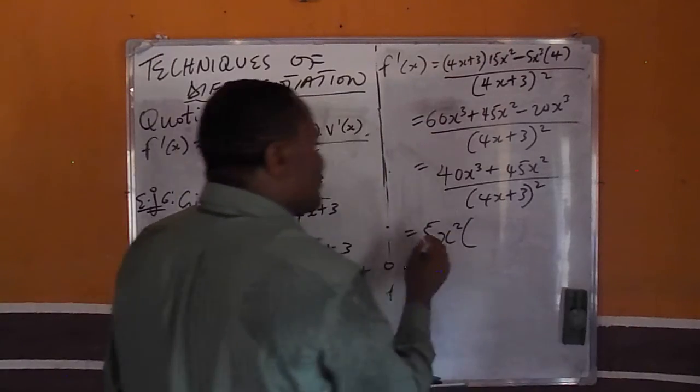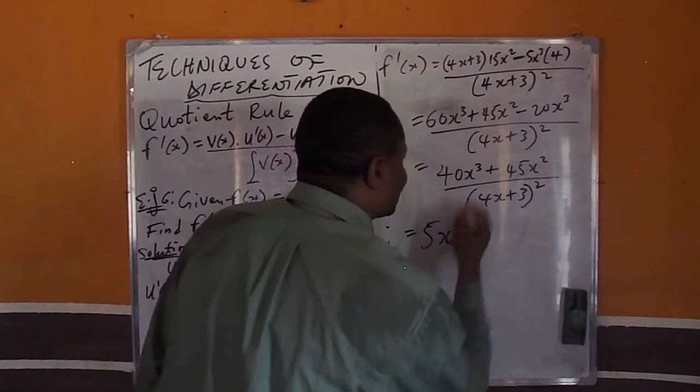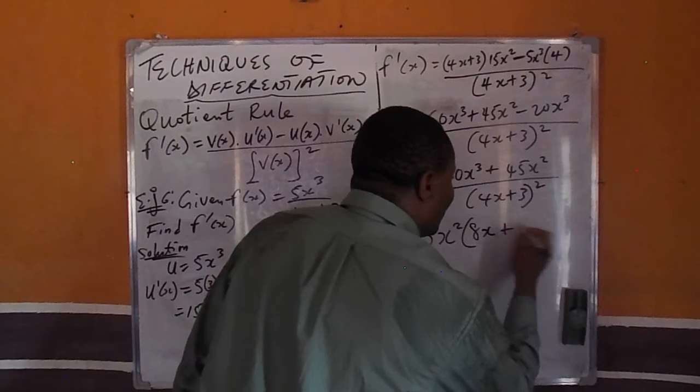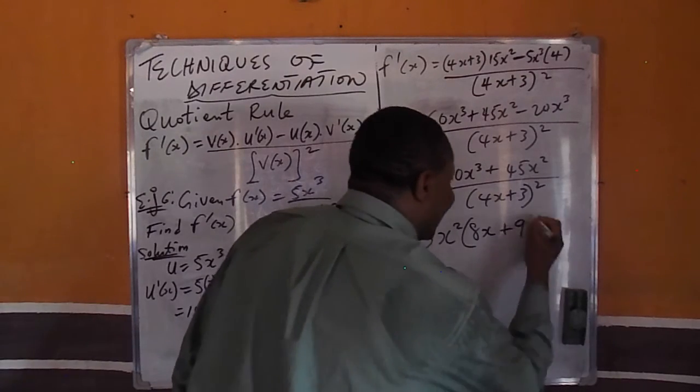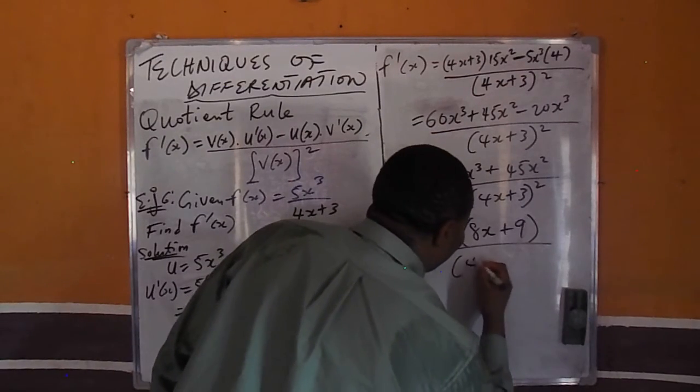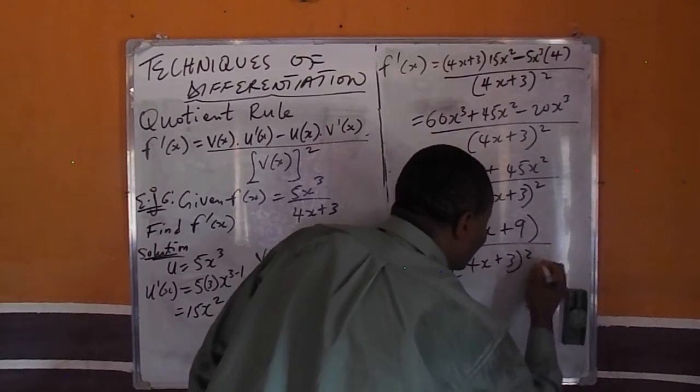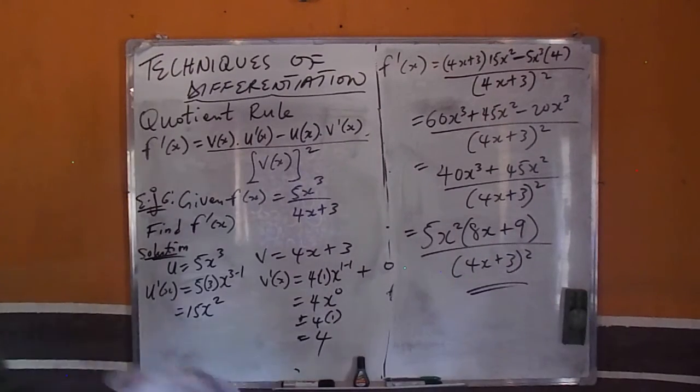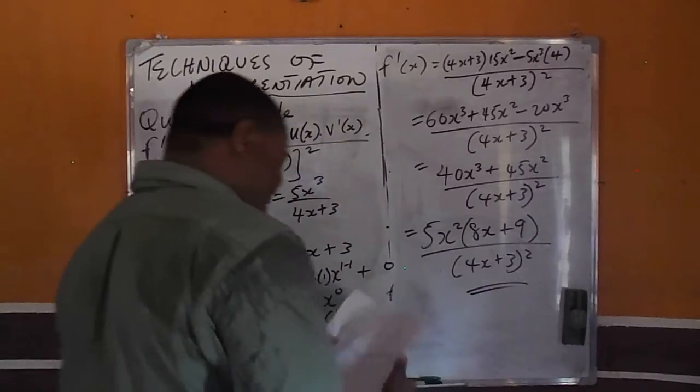In bracket, 5 in 40, 8, remaining 1 x, plus 5 in 45, 9, no x. Then we have 4x plus 3 raised to power 2. Final answer. So, that is our final answer here.